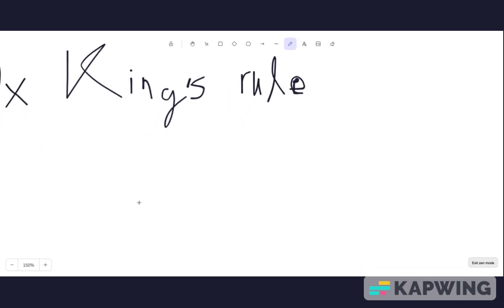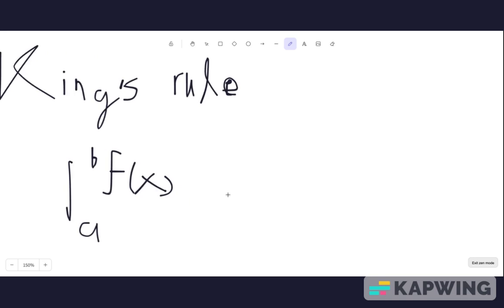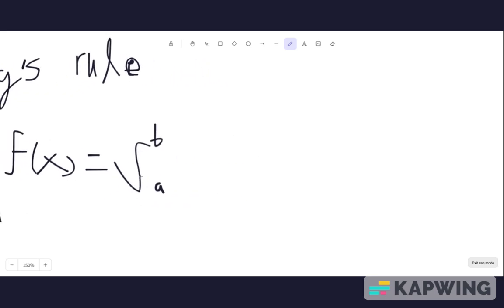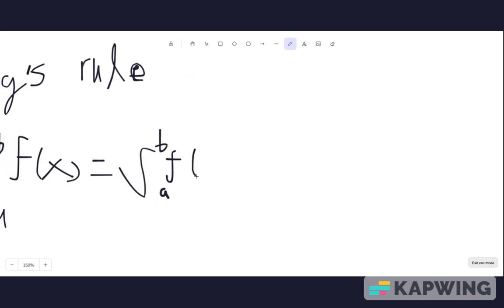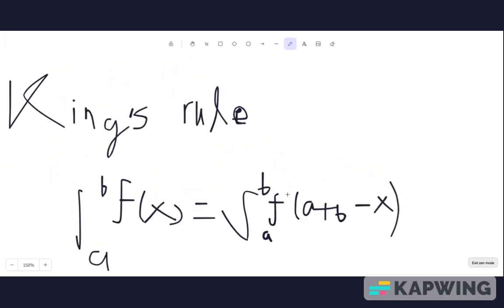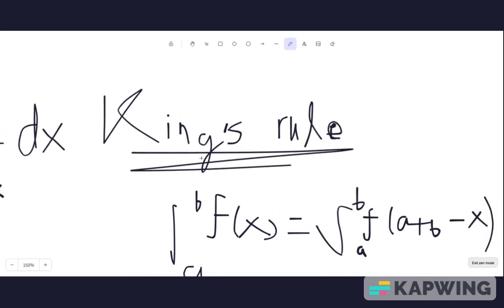It says that if we have an integral from a to b of f of x dx, then that would equal the integral from a to b of f of a plus b minus x. And this is a very handy rule, King's rule of integration.